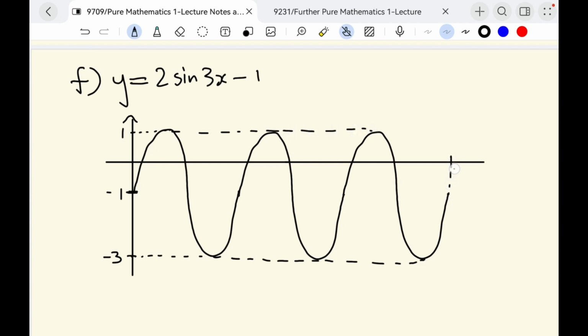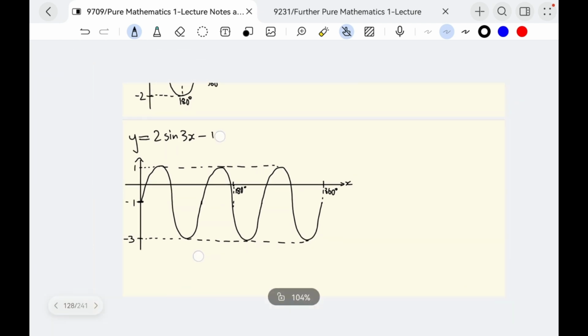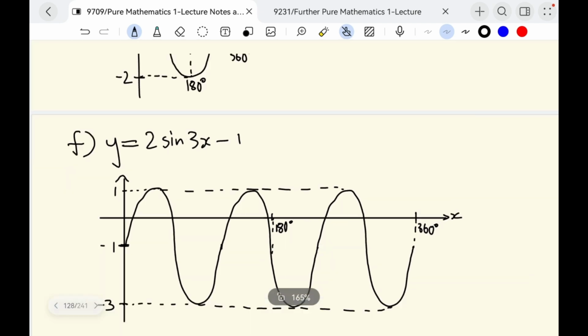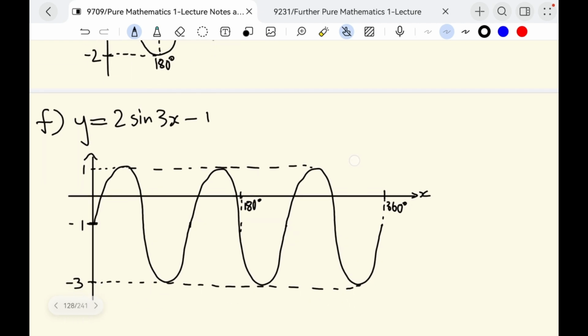This is the 360 degree for the x, and for this center, it is 180 degree. So there we go. Okay, sometimes you must have a good imagination as well as your observation.